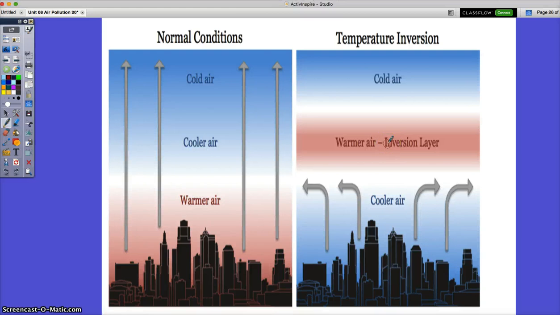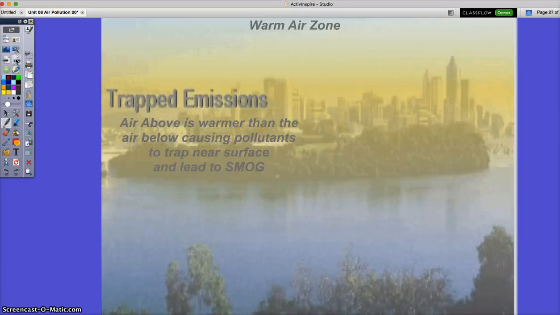And because the pollutants would rise from hot to cold, let's say, like energy does, like anything does, it's a natural flow. They end up turning, so those gray arrows represent compounds or pollution. And they end up getting trapped here because they don't know where to go. So they create a layer which is called smog. This is a natural occurrence of smog when temperature inversions occur.